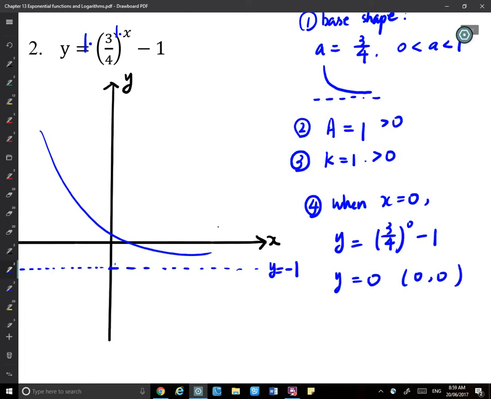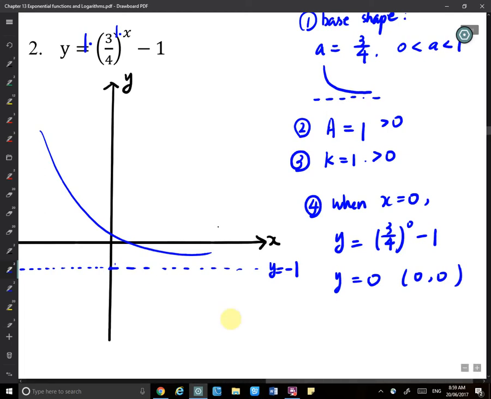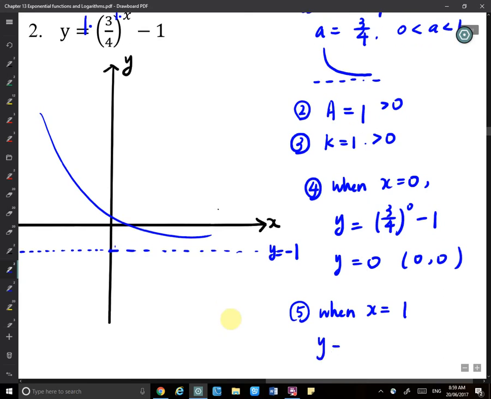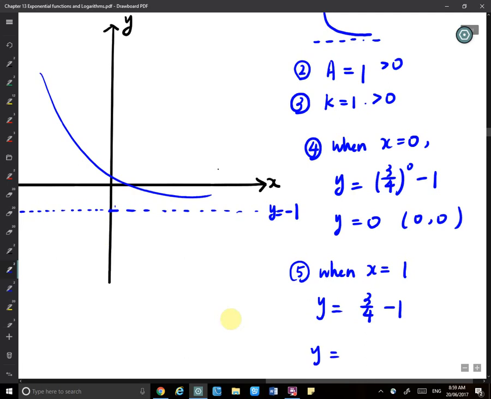So I need to find another point again. Well, I can find when x equals 1. y will be 3/4 subtract 1. y will be -1/4. So you have (1, -1/4).